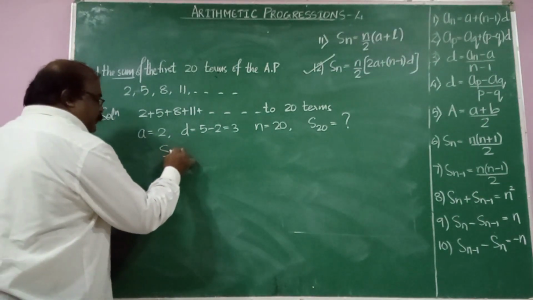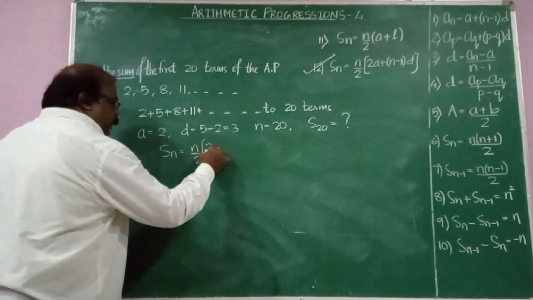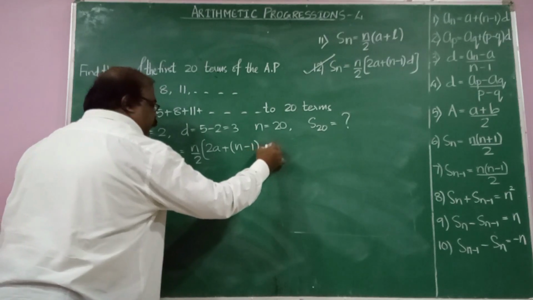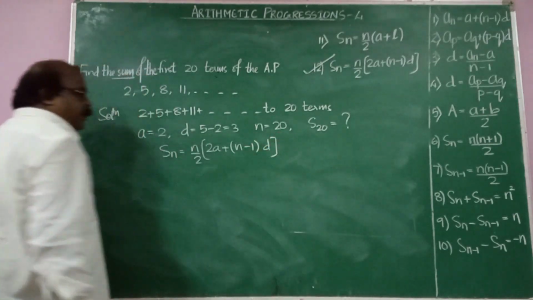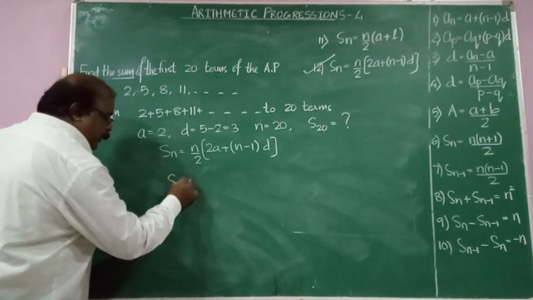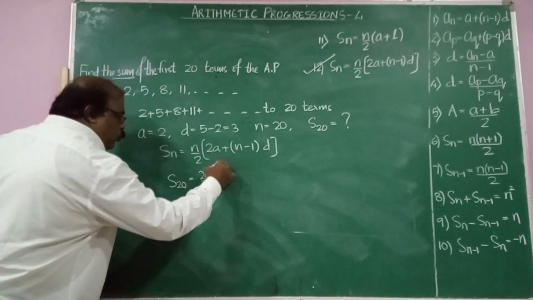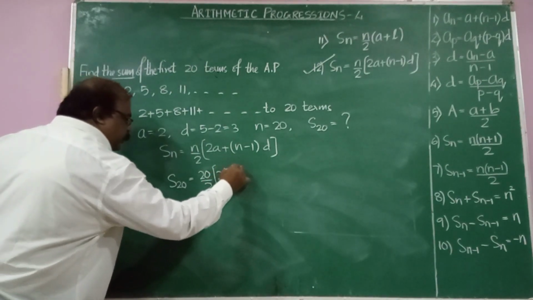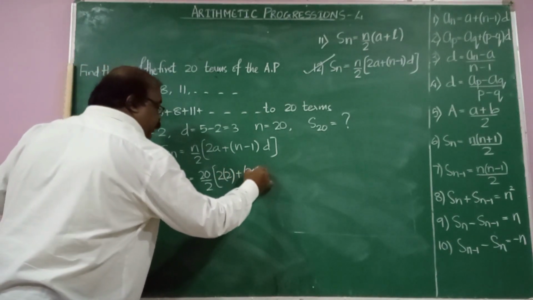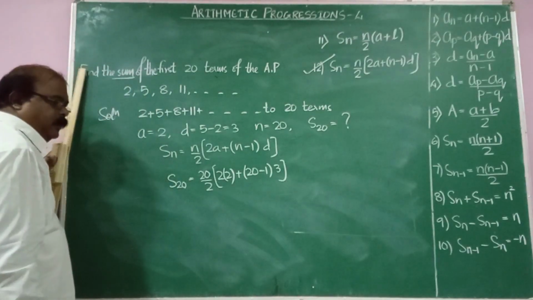So let me use that formula. Sn is equal to n upon 2 into bracket 2a plus n minus 1 into d. So what is S20? S20 is equal to 20 upon 2 into bracket 2a plus 20 minus 1 into d.